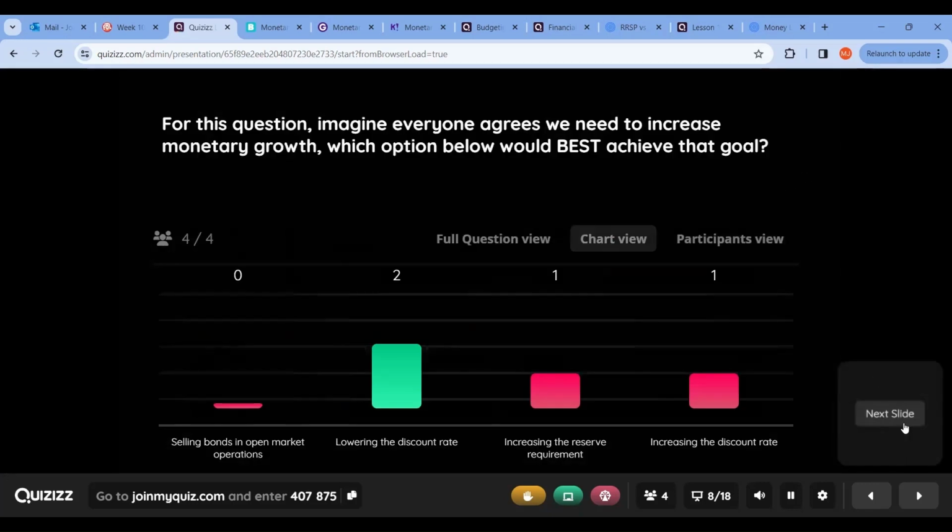Lowering the discount rate, yes. Lowering the discount rate would be key to increasing the monetary growth, the money growth.